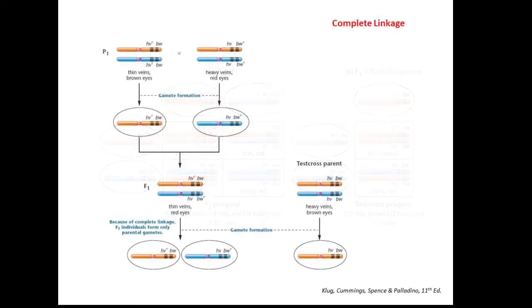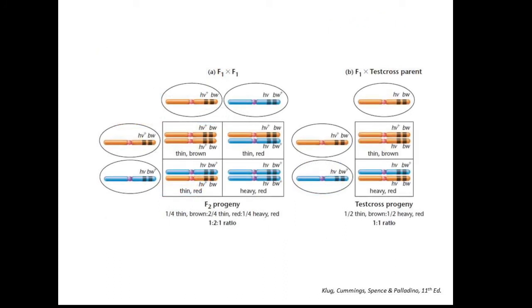So these progeny are the same as the parental type P1. This is possible when there is complete linkage, when there is no crossover, I mean to say.